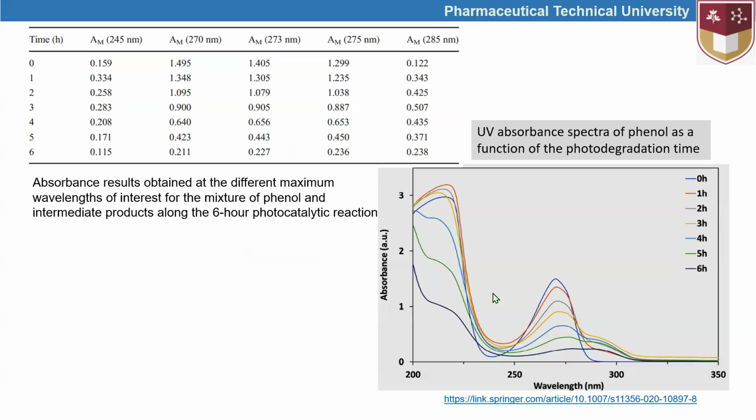These are the pointers that we have to pay attention to while analyzing the UV visible spectrum of compounds. So the peak is the first point. And here we can see differences as time goes by that might explain the photodegradation of phenol.